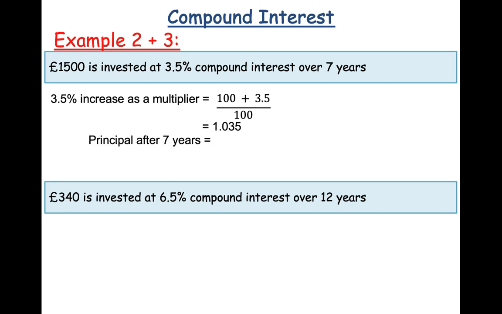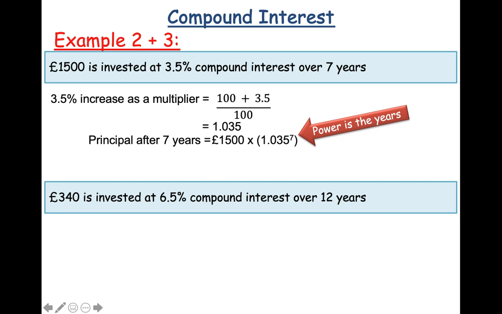The amount after 7 years is 1,500 multiplied by your multiplier, the one we just found, to the power of your time. In this case, it's 7 years, so to the power of 7. And then you'd find your answer. But remember, we're talking about money, so we round it to 2 decimal places, giving you £1,908 and 42 pence.